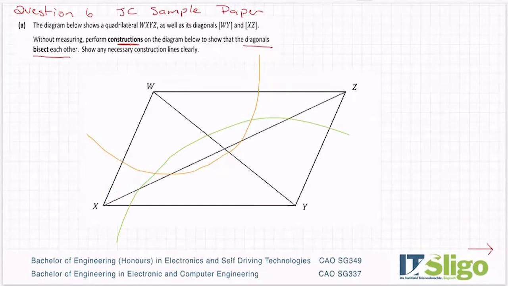This here is called crosshairs. Do you see where the two lines cross? That's called the crosshairs. And you draw a straight line from this crosshair to this crosshair.